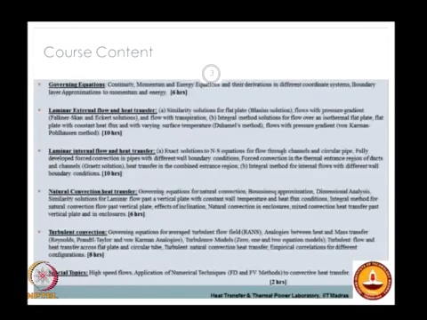We will be looking at different regimes of internal heat transfer. The simplest one will be to look at the fully developed, both thermally and hydrodynamically fully developed flows with different wall boundary conditions, and then we look at slightly more complicated solutions in which it is hydrodynamically fully developed.